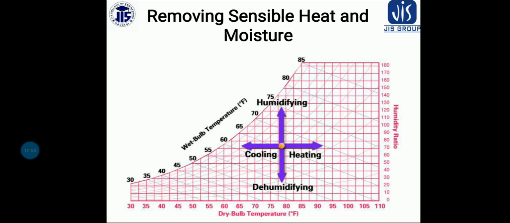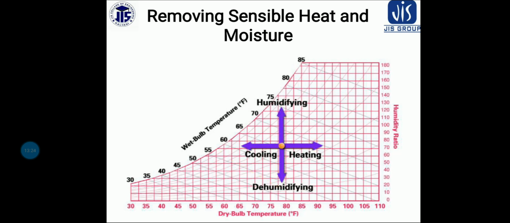If I am moving downward, then dehumidification is taking place, because the specific humidity is decreasing. If I am moving upward, then humidification is taking place. If I am moving rightward, then it is the heating process, and if I am moving leftward, then it is the cooling process.